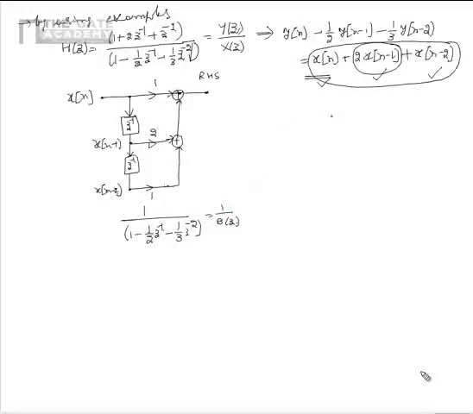Now we also see that to the term on right hand side, we need to add 1 by 2 y of n minus 1 and 1 by 3 y of n minus 2. If we assume the output as y of n as shown, we need to add delay elements z inverse to get y of n minus 1 and y of n minus 2.